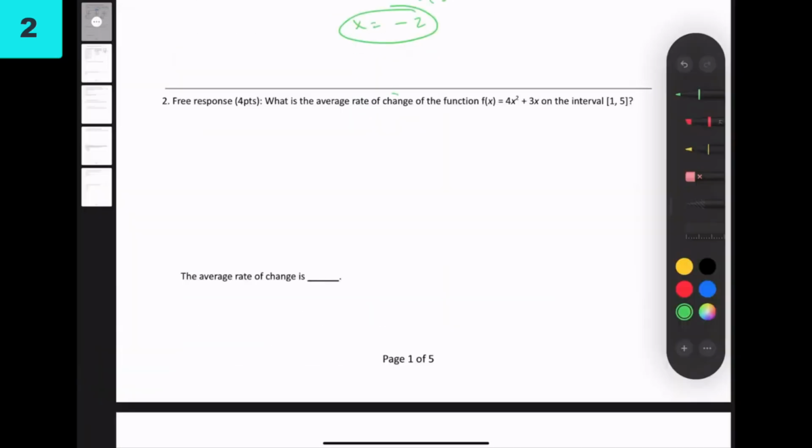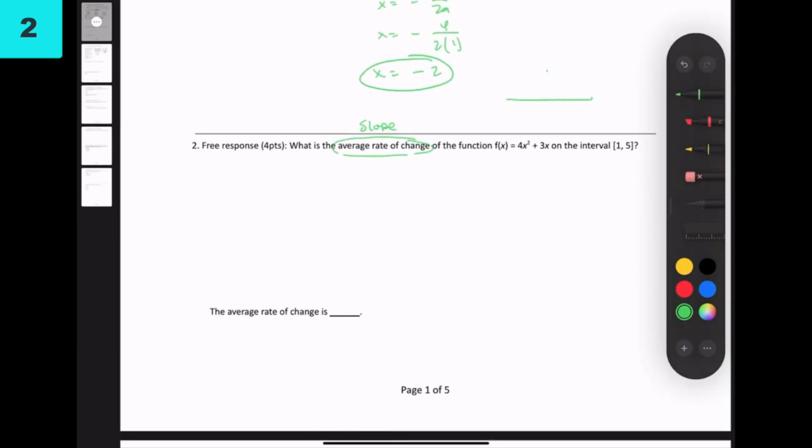So remember, average rate of change is a fancy word for slope. If you quickly did a simple graph, let's just say your graph looks like this. What you're trying to find there is between 1 and 5, say this point, and let's just say this is 5.